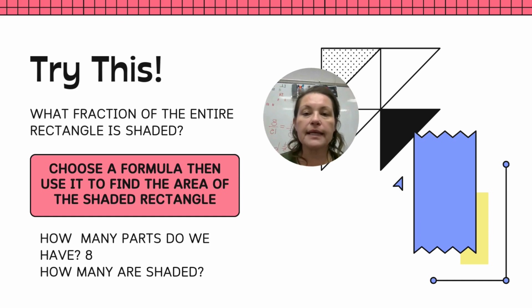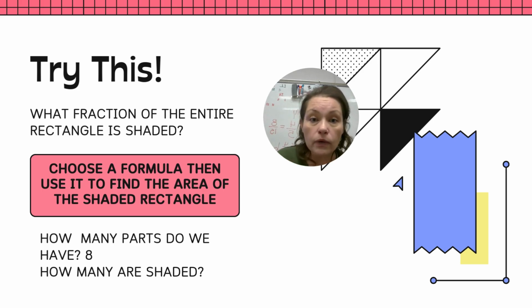Stop, collaborate, and listen. Let's talk a little bit about where we were at. So did we talk about choosing a formula? Did you decide to do a half of 3/4? Did you just decide to do 3/4 of 1/2? Did you decide to make it into eighths?